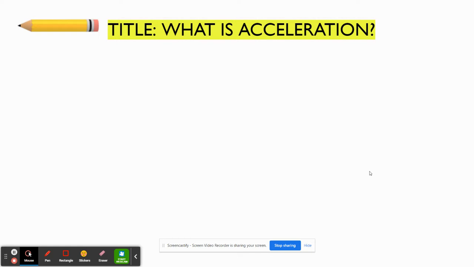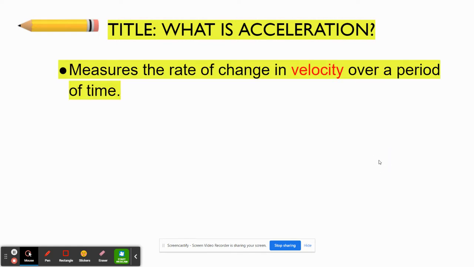That is acceleration. So in your notes, write this down: acceleration measures the rate of change in velocity over a period of time. A car can go 0 to 100, that's the change in velocity, in, say, 10 seconds, over a period of time.